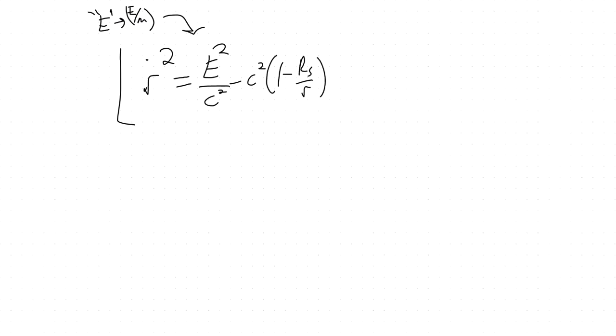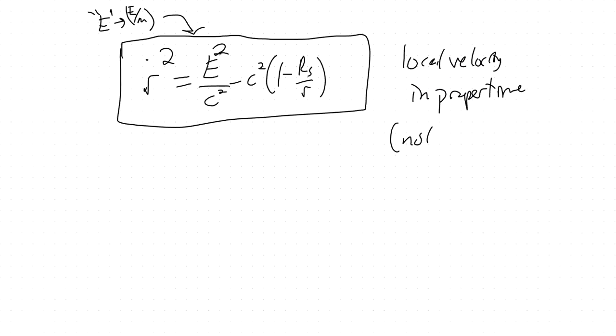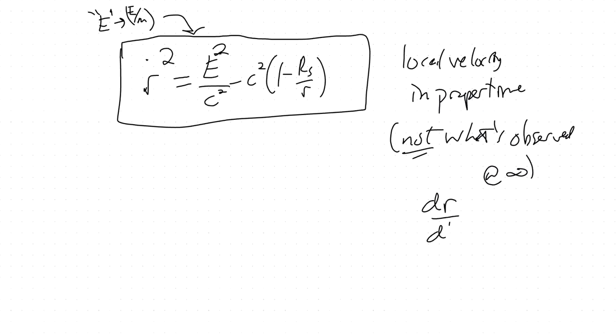This is huge. So this is the local speed, right, in proper time. It's not what's observed at infinity. That would be dr dt, and that's very different.